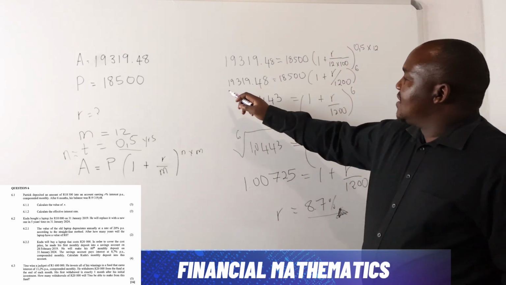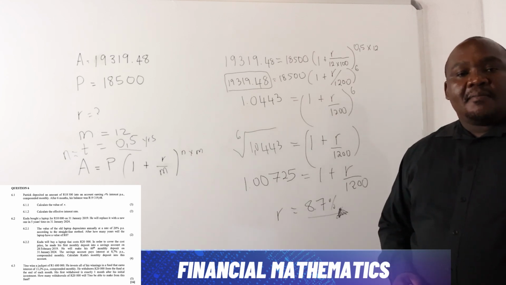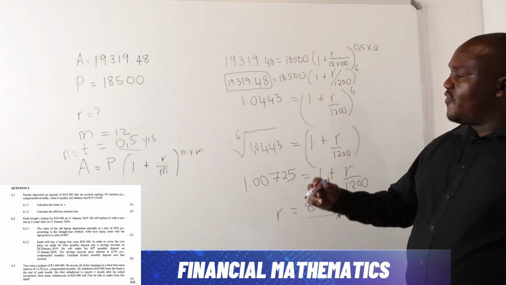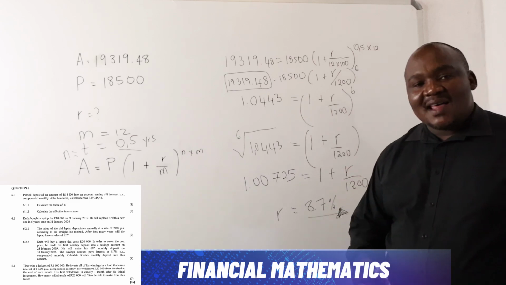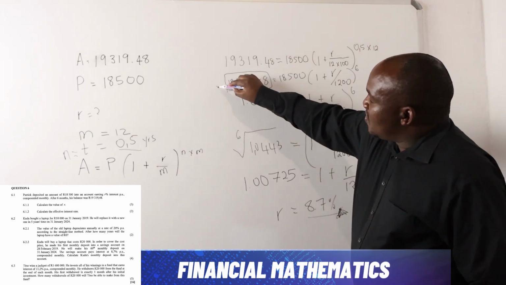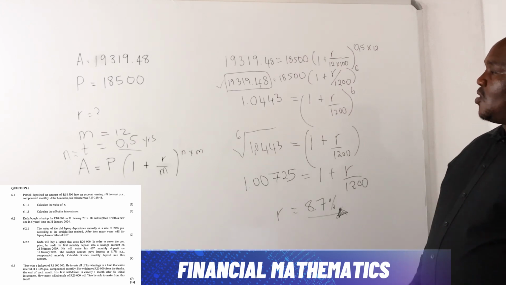The most important value is your accumulated value. But the more frequent the conversion takes place, if it's done monthly, this value is higher than when it's done yearly or quarterly.